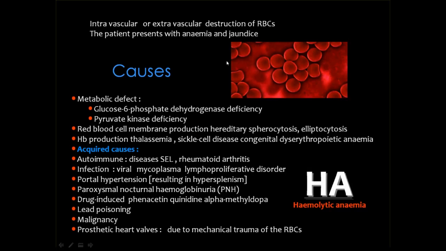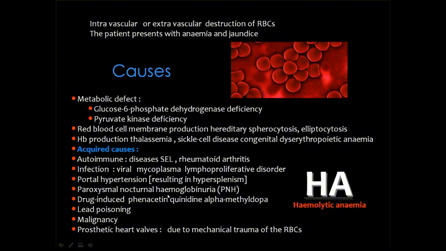And what are the causes of spherocytosis? Intravascular or extravascular destruction of the RBCs, and this will result in hemolytic anemia, and the patients present with anemia and jaundice.